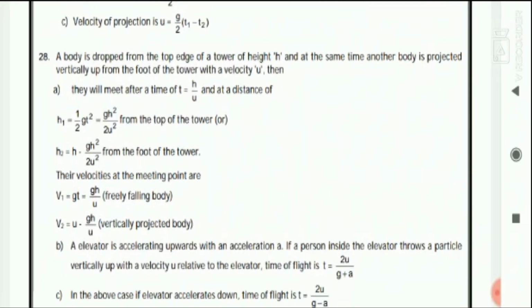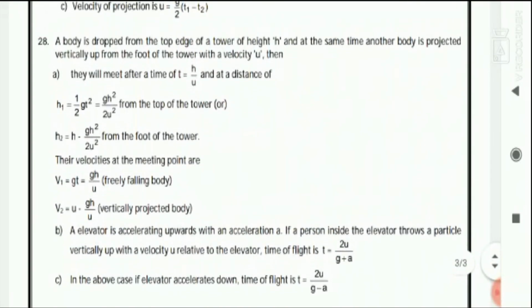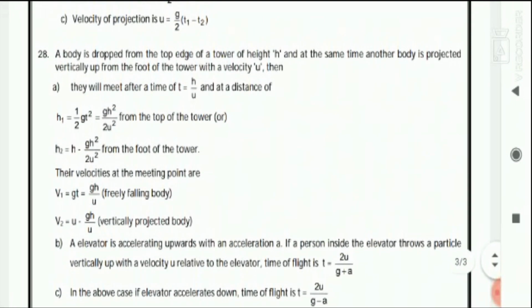Then a body is dropped from the top edge of a tower of height h, and at the same time another body is projected vertically up from the foot of the tower with velocity u. Look at the data. The tower height is given and one is dropped, so its initial velocity is 0. The second body is projected from the foot of the tower, so its velocity u is given.